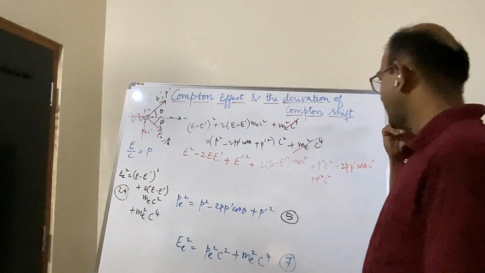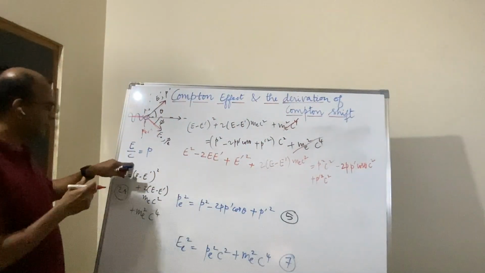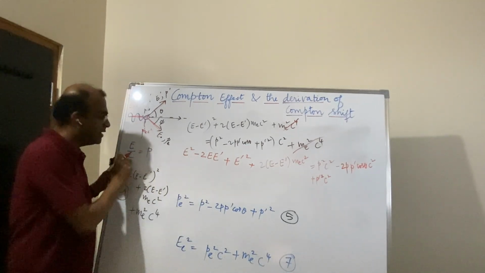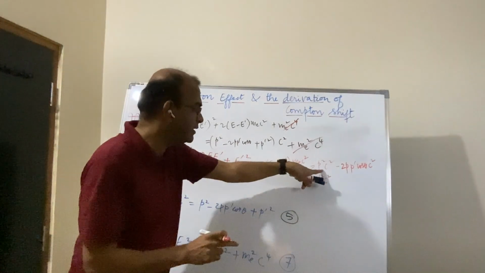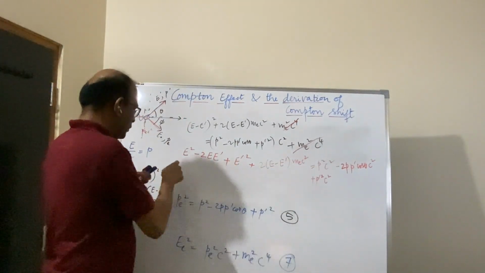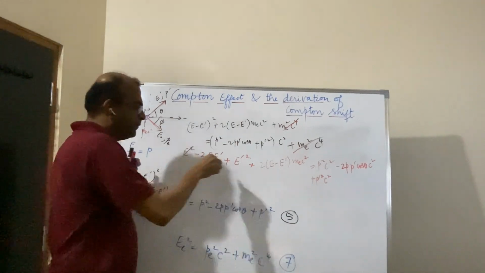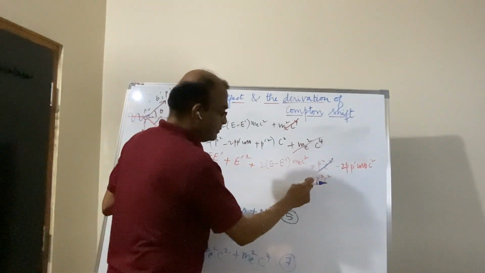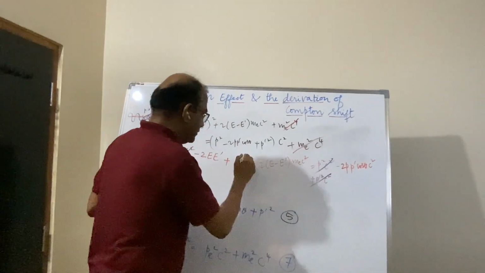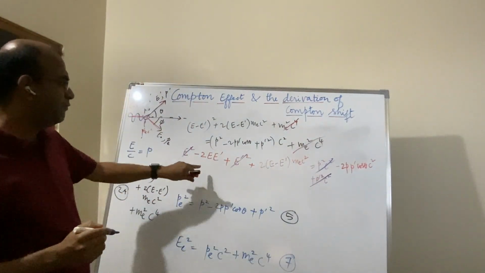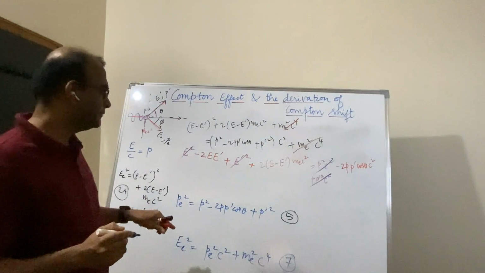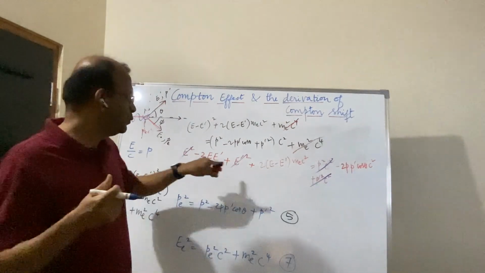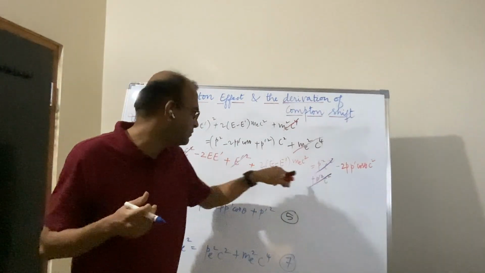So this is what we have, and we can clearly see that because of this relation that E is equal to PC, we can write E squared is equal to P squared C squared. So this P squared C squared and this E squared will cancel out. Similarly, this E prime squared and this P prime squared C squared will cancel out. And we are left with the remaining terms, of which minus 2 is present in these two terms, and here it's plus 2.